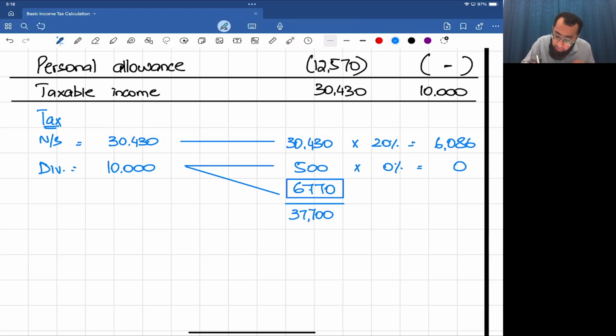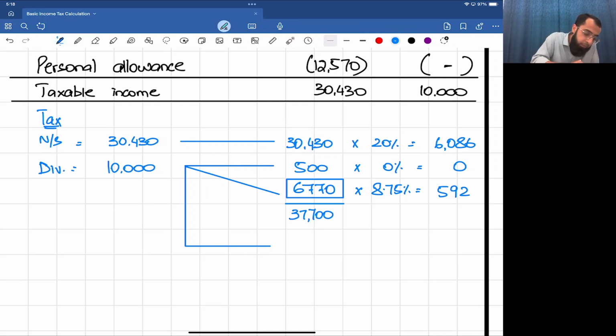Now the remaining basic rate band is 6,770, on which you will apply 8.75%, which is the basic rate of tax for the dividend income. So your tax will be 592.